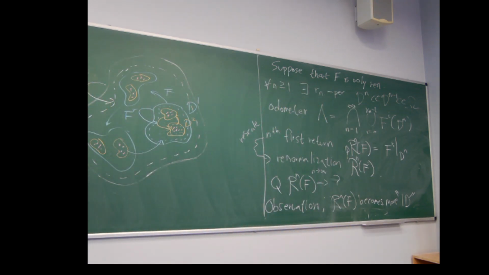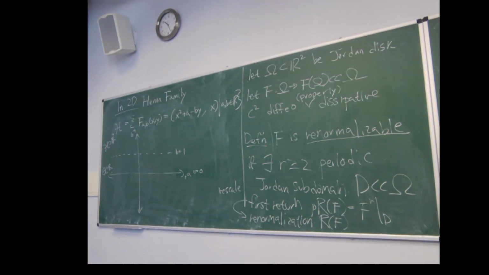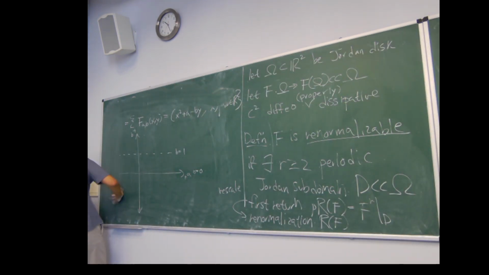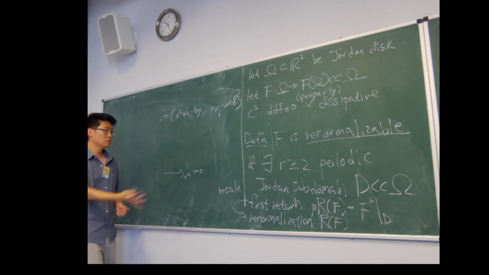And in fact, if you were to take any kind of meaningful limit of the sequence of renormalizations, then it should be some degenerate 2D map, which you can easily identify with just the 1D dynamical system, right? So for example, something like this, if you can take some kind of limit. Yeah. All right, good. And let me state the main results that we want to talk about.